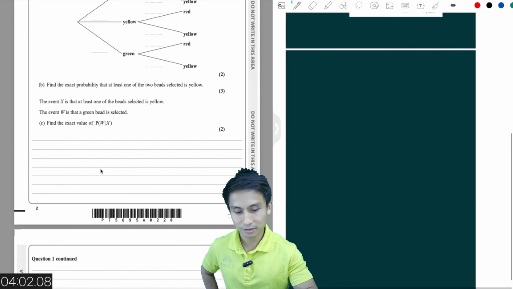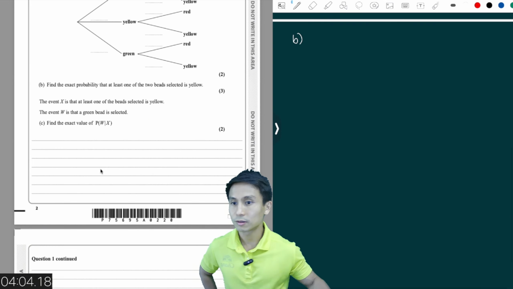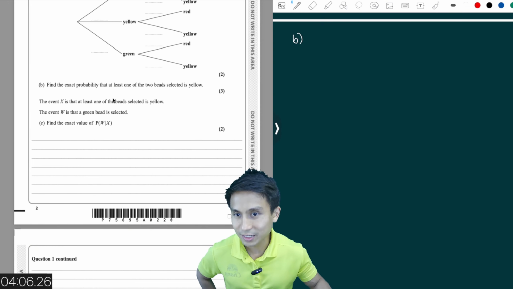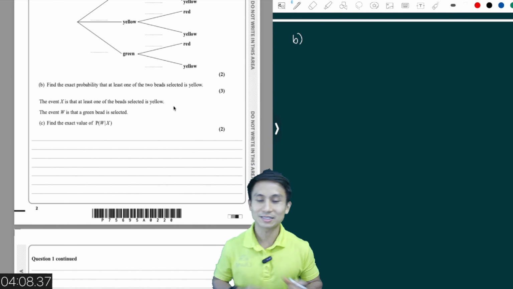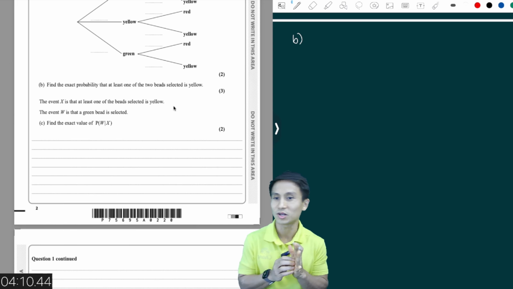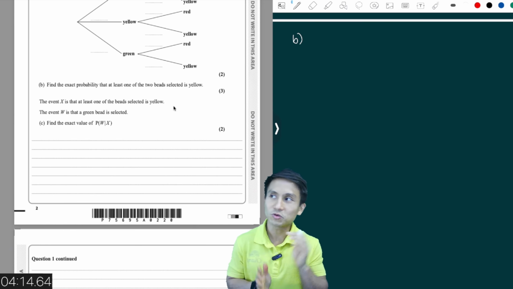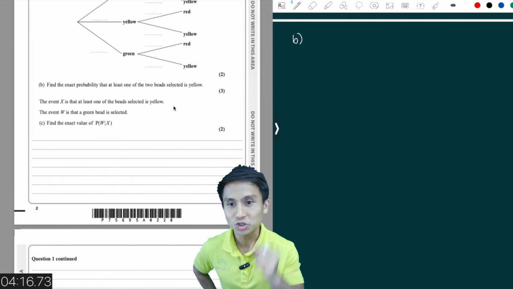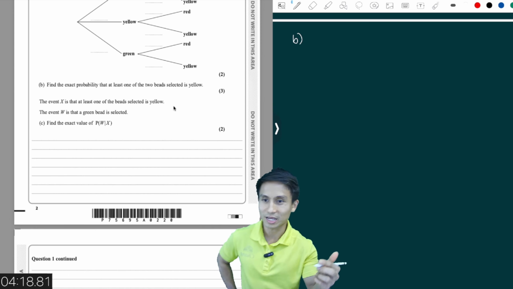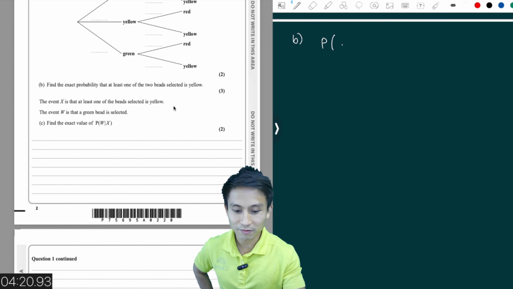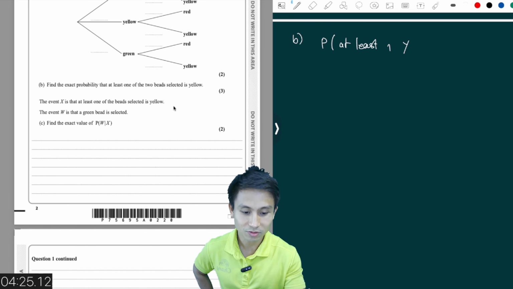Part B. Find the exact probability that at least one of the two beads selected is yellow. At least one. Well, guys, when you see at least one, it is usually easier if you find the opposite case. So we want P of at least one yellow, yeah?